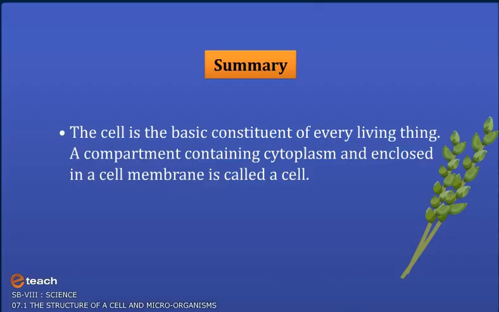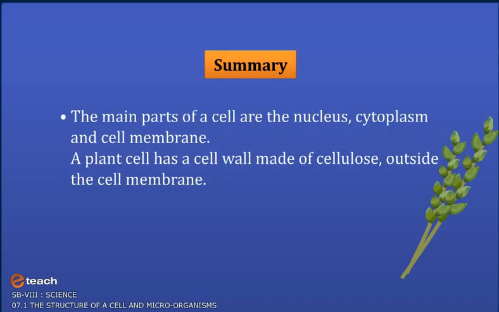Summary: the cell is the basic constituent of every living thing. A compartment containing cytoplasm and enclosed in a cell membrane is called a cell. The main parts of a cell are the nucleus, cytoplasm, and cell membrane. A plant cell has a cell wall made up of cellulose outside the cell membrane.